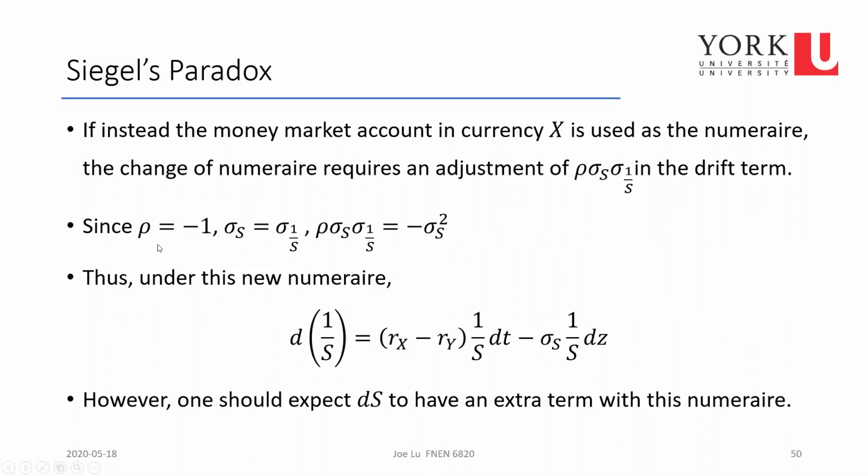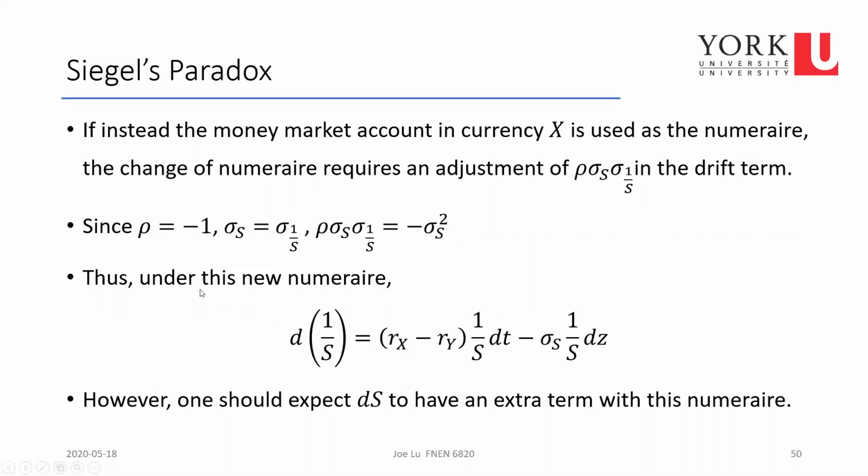So when there's a change, one is increase, the other one is decrease. So rho is -1, and the volatility is the same. So when you put it together, it's basically minus sigma s square.